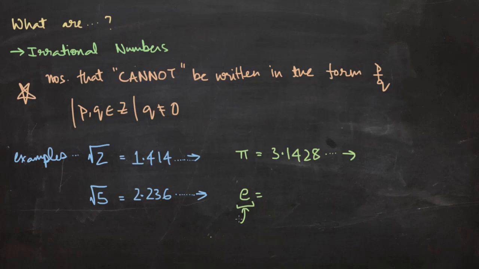E is a representative of the exponential, it comes from the exponential curve that you have been hearing of lately, the current coronavirus outbreak. Yes, so e approximates to 2.718 and goes on to the right. So all these numbers, the decimals that you see over here, are actually non-recurring, right? So this was about irrational numbers.